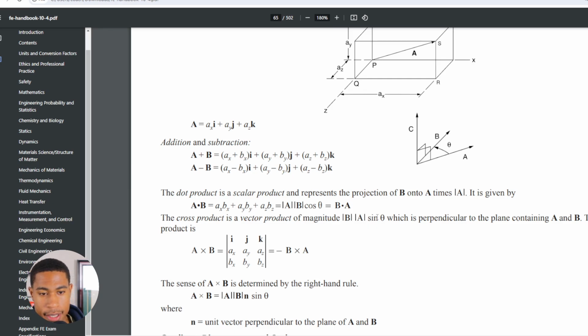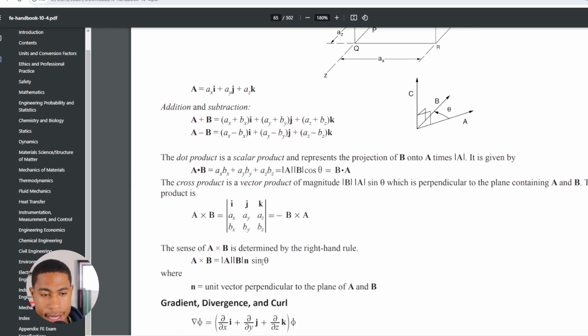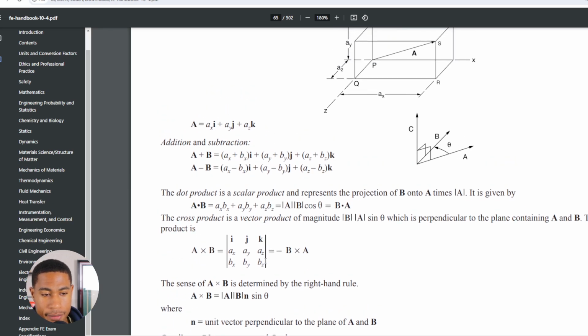right? Similarly, if you want to take the cross product, and the cross product is a bit more complicated, and the handbook does not help us with it. So I've done some videos where I go through how to do the cross product, so you can check those out.